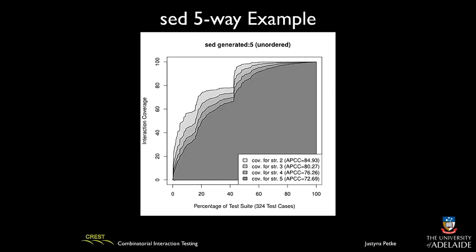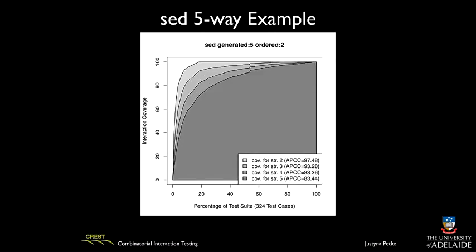Well, that's nothing new, because that's definitely a 5-way interaction test suite. And this would be unordered right now. All 324 are unordered, no particular sequence.